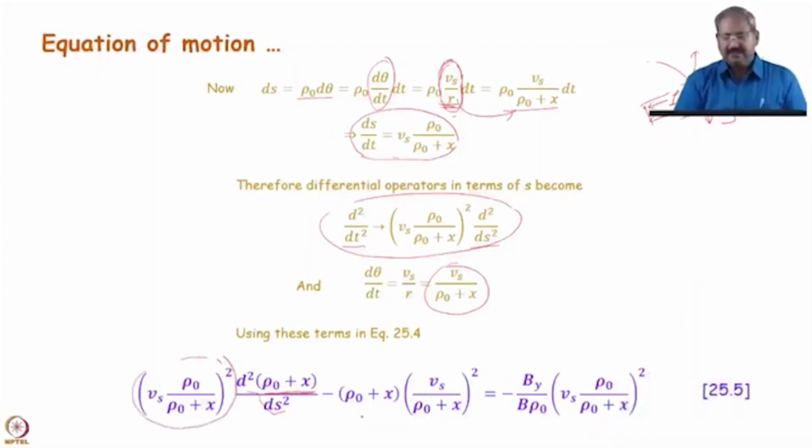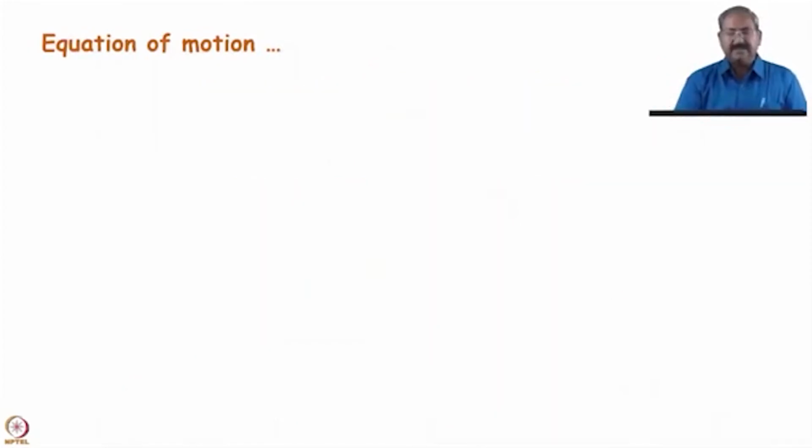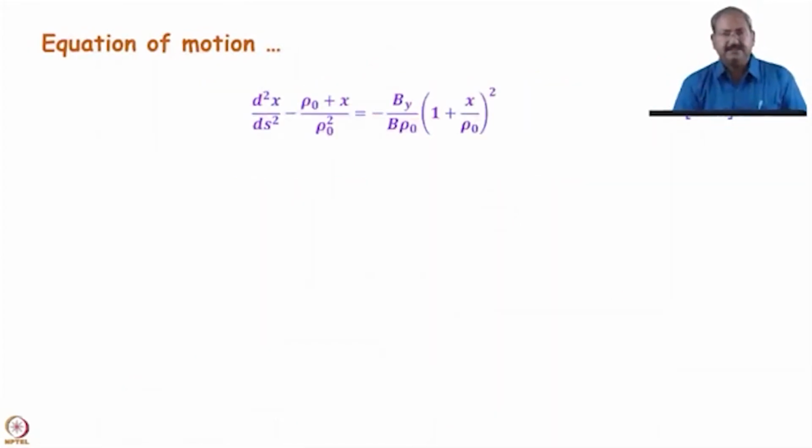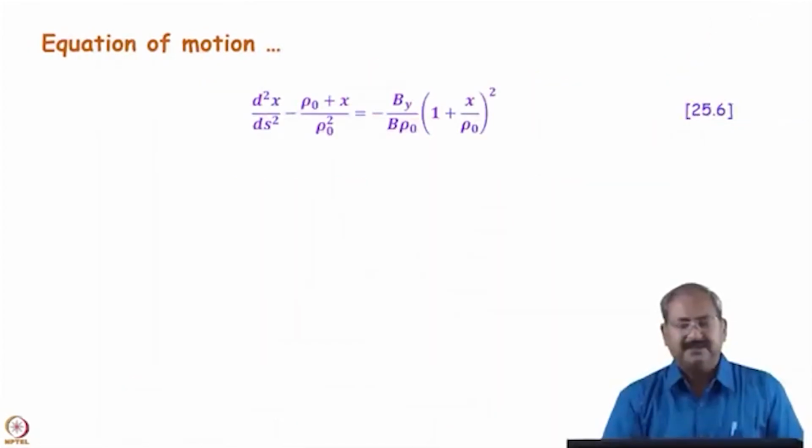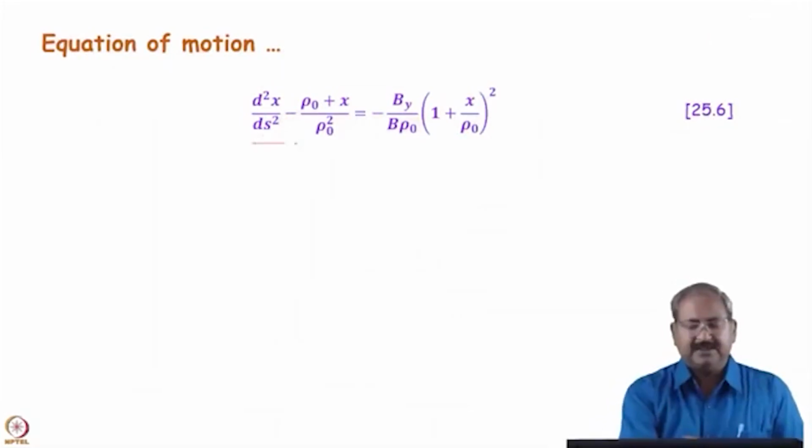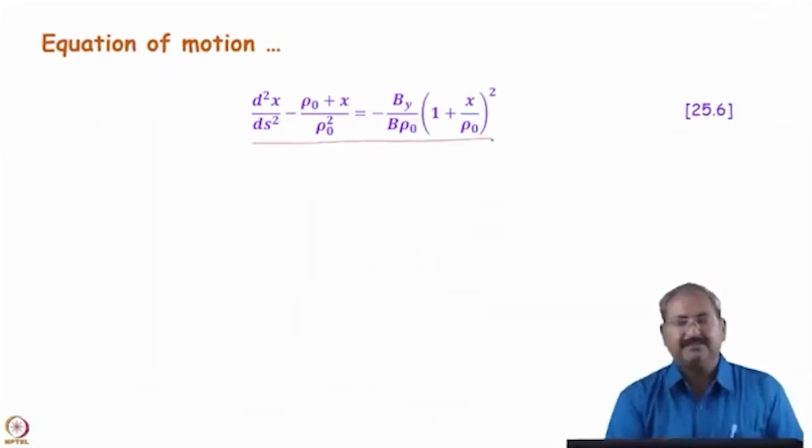Similarly, all the terms can be calculated very easily. It is just simple algebra. Now here, rho 0 is constant, so it will not be differentiated. So we will have d2x by ds square from here. And after a little bit of algebra, you can obtain this equation from that equation.